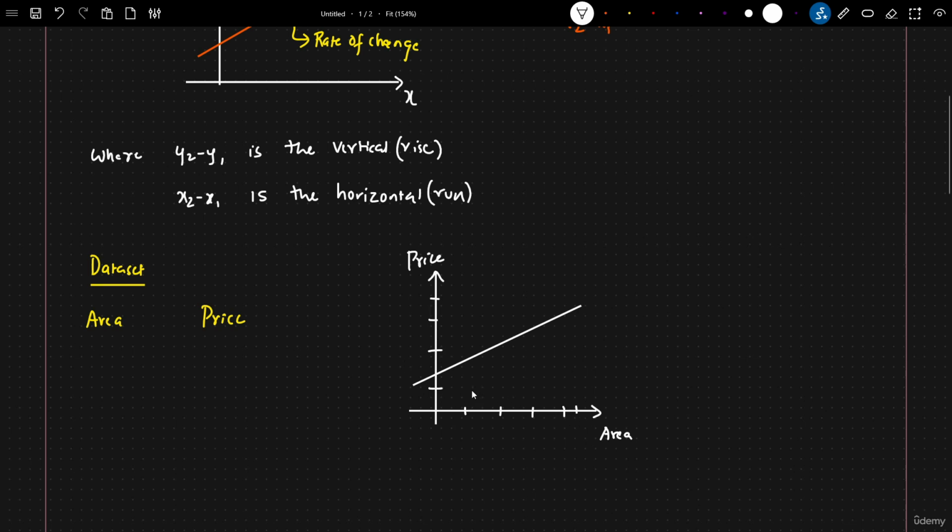Now, I really want to understand what is the rate of change with every unit movement with respect to area. So let's say that these are my two coordinates. Let's say from x1 to x2, if I go, right? So what is the specific change? With respect to this, when I am changing the area, how much y value is basically changing? So this is basically the rate of change that we are talking about.